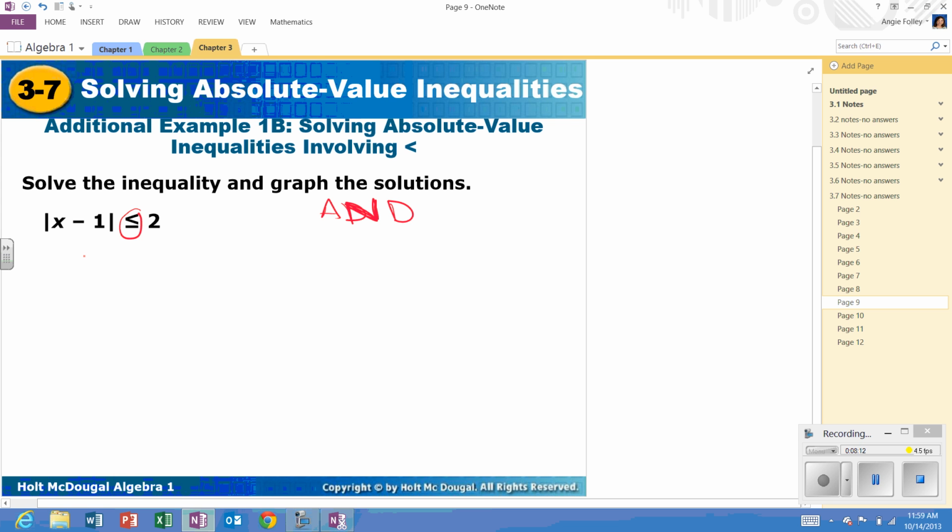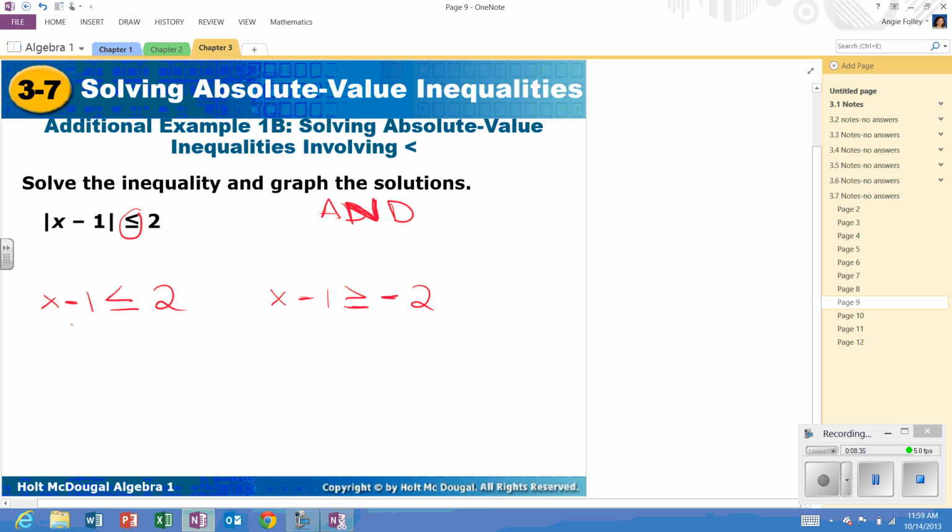Now we set up our two cases. We take what's inside, the x minus 1. We keep the symbol the same and the other side the same. Our case 2, we take what's inside, x minus 1. We flip the sign, and now we have less than or equal to becomes greater than or equal to negative 2. We have our two cases.